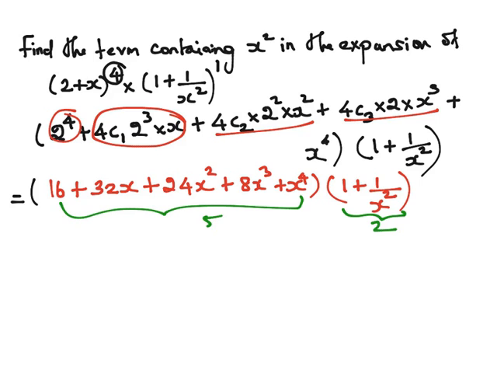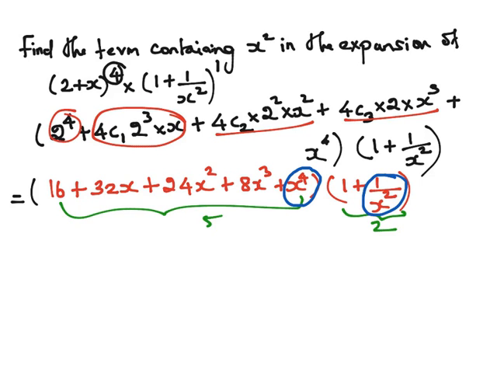Now please check which two terms I should multiply to get x squared. For example, do you think if I multiply this and this, I will get an x squared, right?